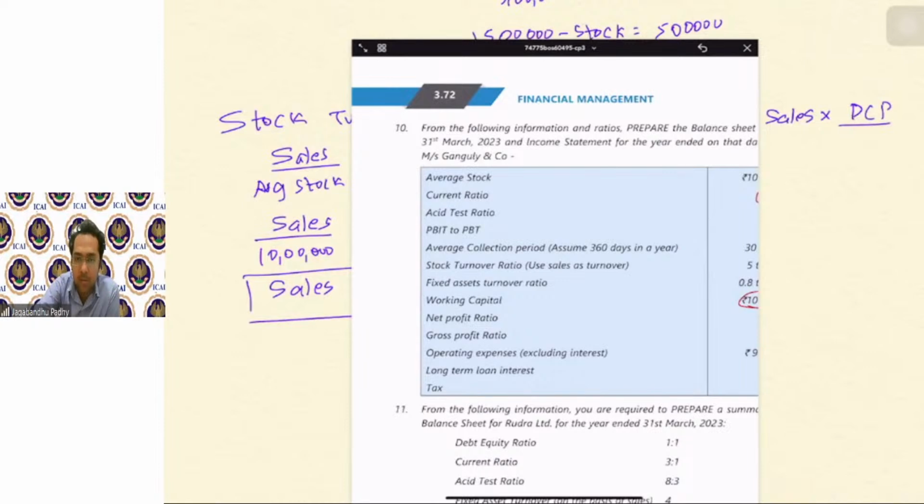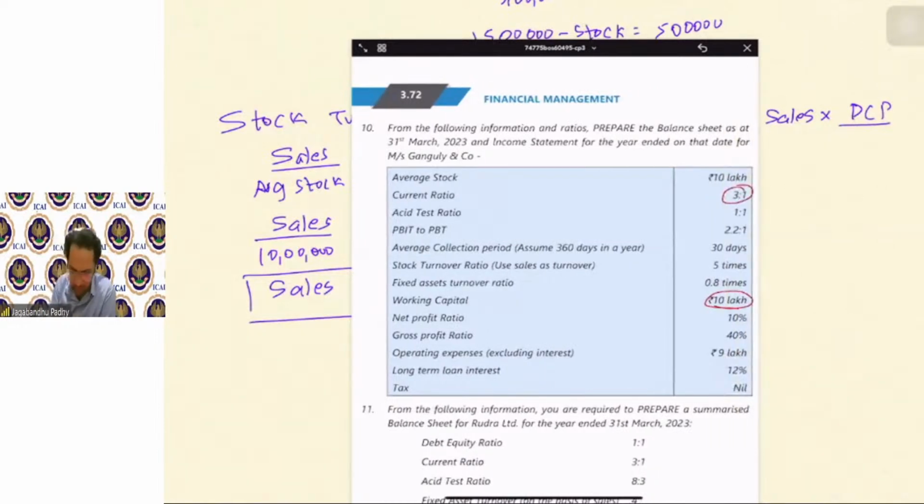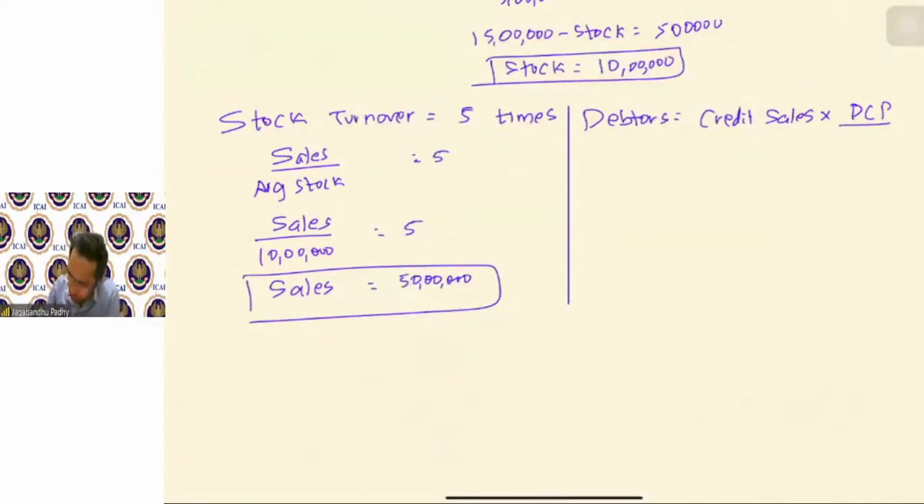It doesn't seem to be given in the question. Yeah, it's not specified anywhere. So we'll take 365. So debtors collection period upon 365.